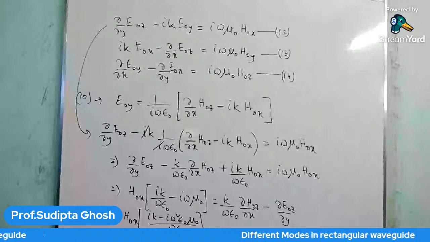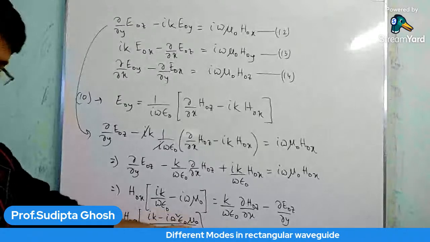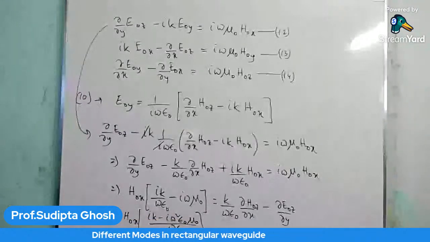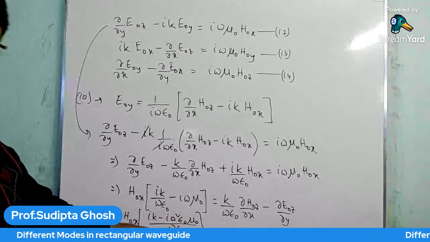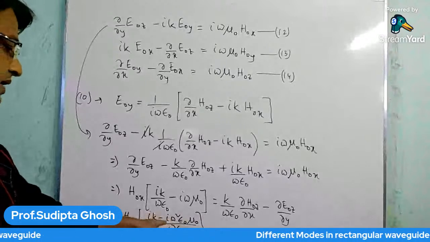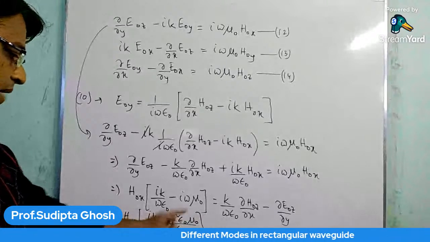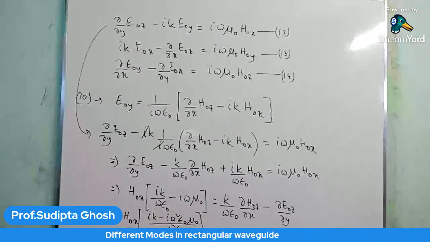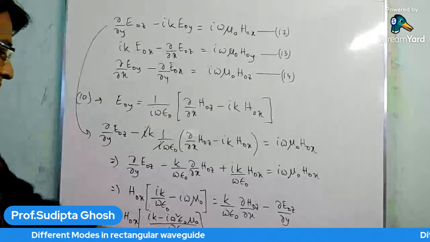So now again, epsilon 0 mu 0 means 1 by c square. So here I can write it as ik minus i omega square by c square, and then we have this omega epsilon 0.